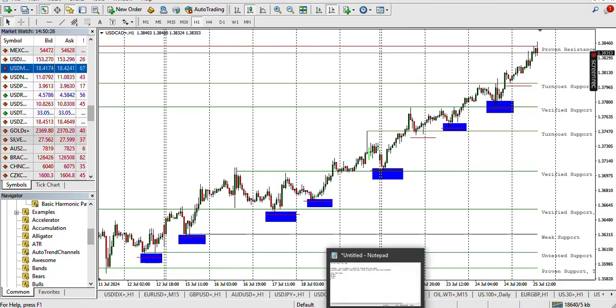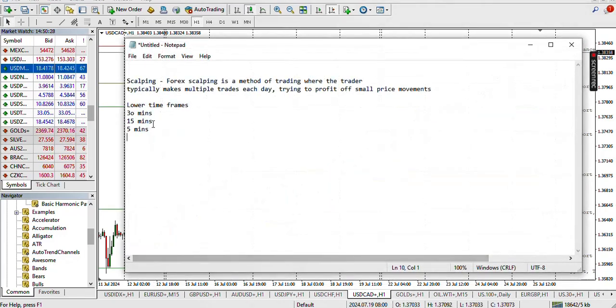So let me go back to my notepad here. I already mentioned lower time frames. Another thing that you also want to consider on this strategy is market structure: whether the market is on an uptrend or downtrend.